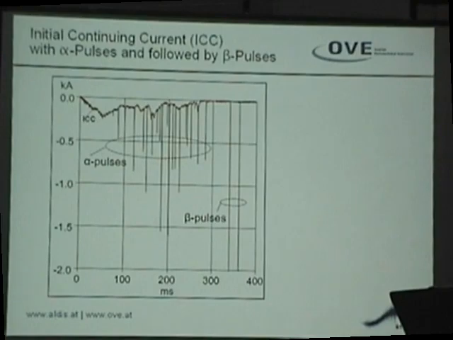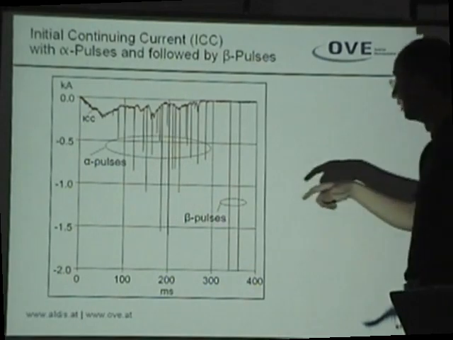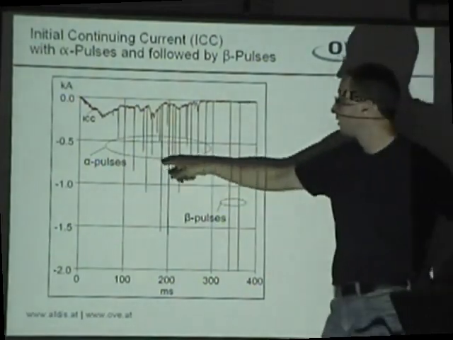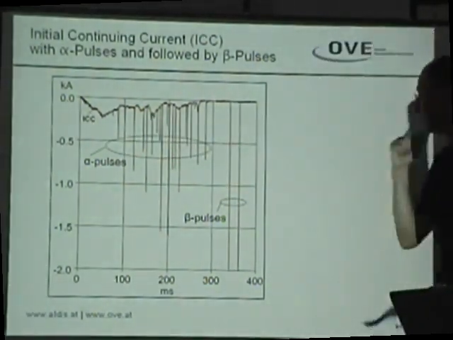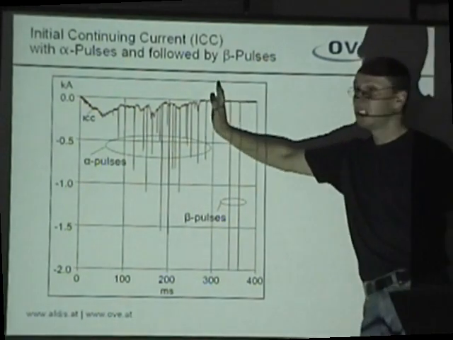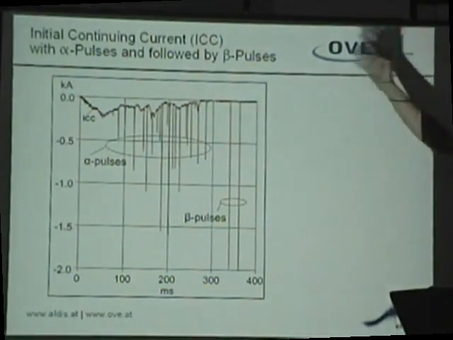So this stroke started from the tower and propagated upward. Right now we think, we will have to prove it, that those alpha pulses may be related to recoil leaders in the already established channel from the cloud. We'll see. So this is very typical for upward initiated lightning, tower lightning.